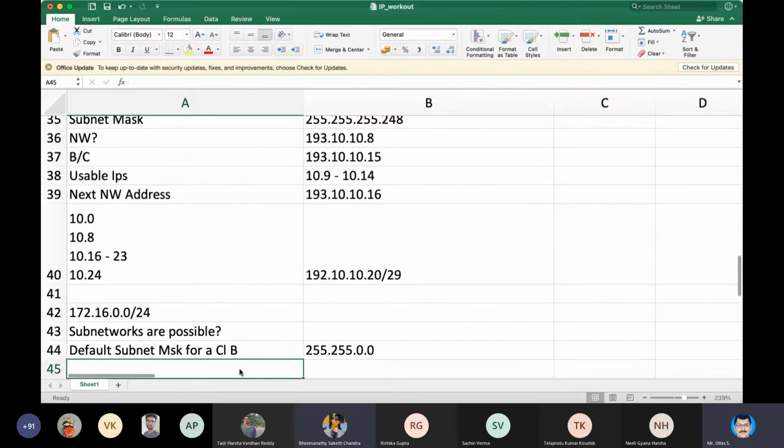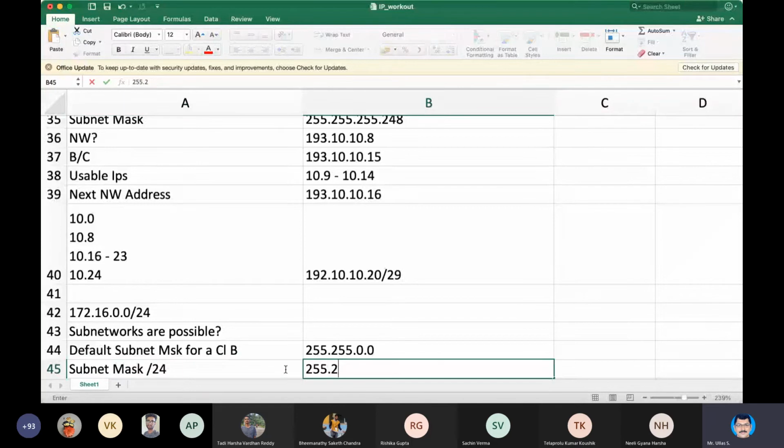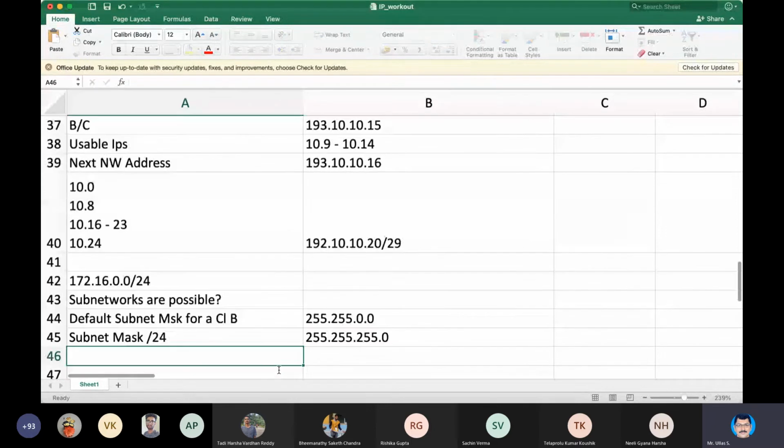It is 255.255.255.0. So you are essentially subnetting the third octet here.